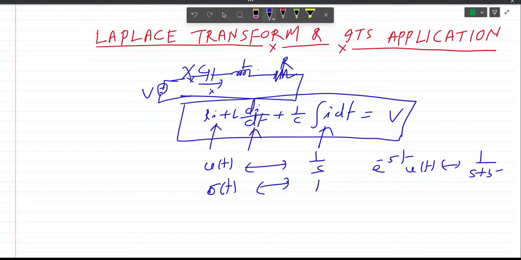Initial conditions are automatically specified in the transformed equations. Whenever you have initial voltage across the capacitors or initial current through the inductor, it will be taken care of during the transform. And Laplace transform pairs are readily looked up, as I told you. We know the Laplace transform pairs, and we can easily look up the corresponding function in the time domain.